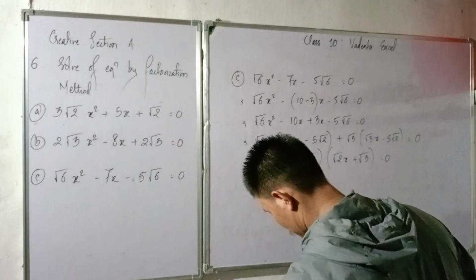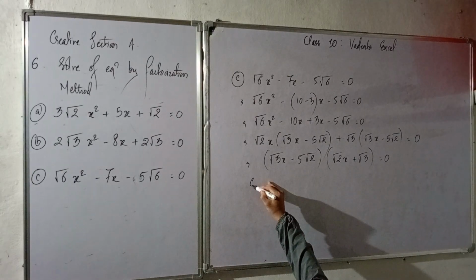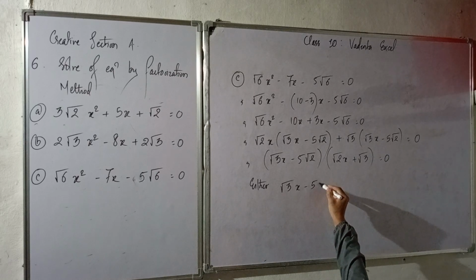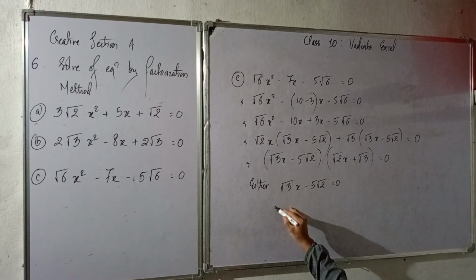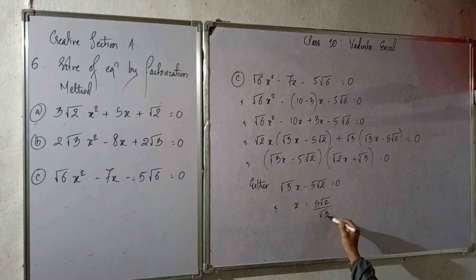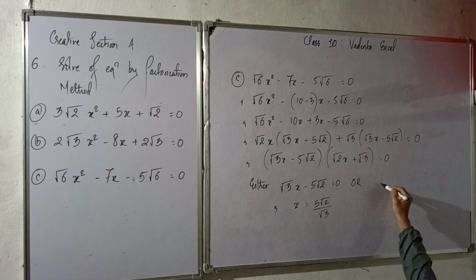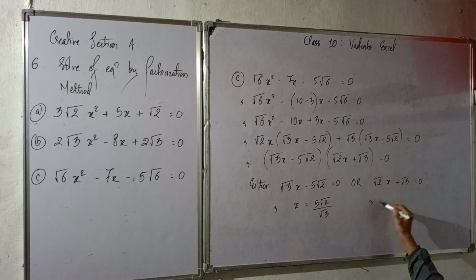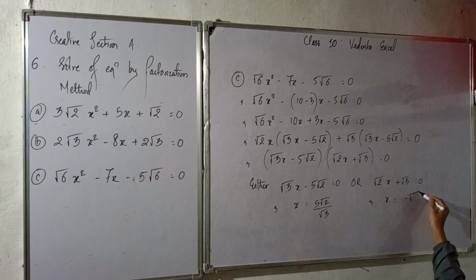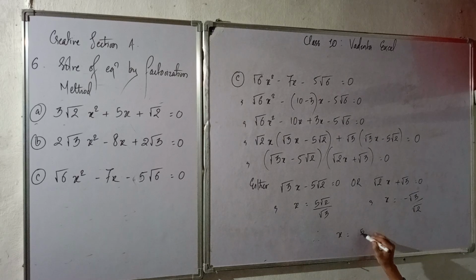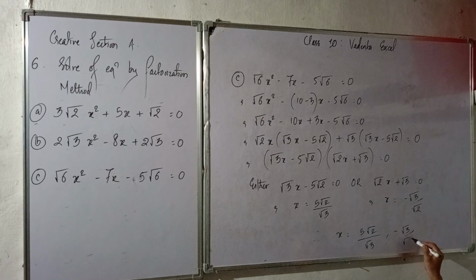Now we can do either, just like the previous one, either root 3x minus 5 root 2 equals 0, or x equals, I'm doing directly, 5 root 2 divided by root 3, or another will be root 2x plus root 3 equals 0. That is x equals minus root 3 divided by root 2. Therefore the values for x are 5 root 2 divided by root 3, and another will be minus root 3 divided by root 2.